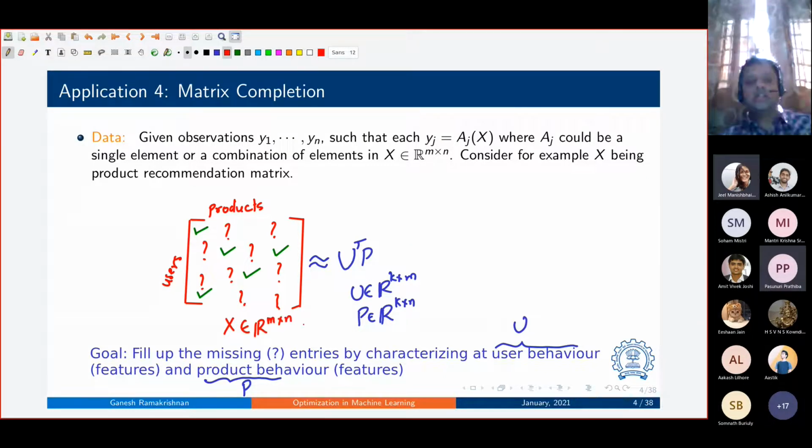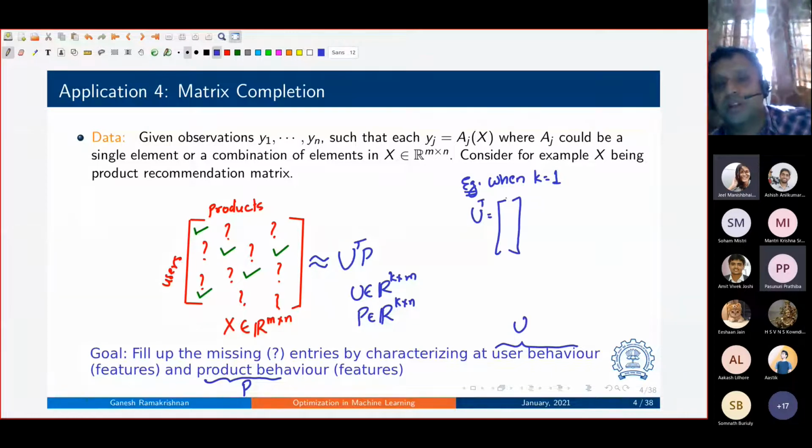Now let's look at an example of K equals 1. When K equals 1, you're going to have U transpose as a column vector, and P is a single row vector of dimension N.